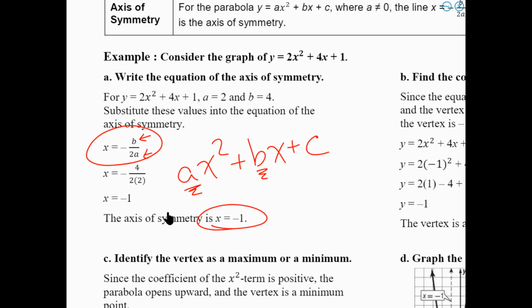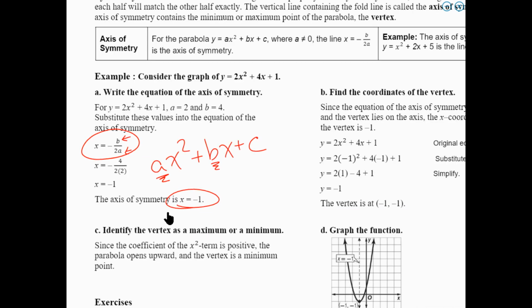And once you have that x value, you would substitute it back into your original equation, and that will give you your vertex. That gives you your y value, which is your minimum or maximum, and you already have your x from your axis of symmetry, so that's how you get your vertex mathematically without having to graph it.